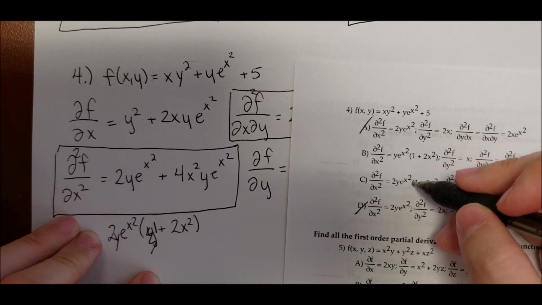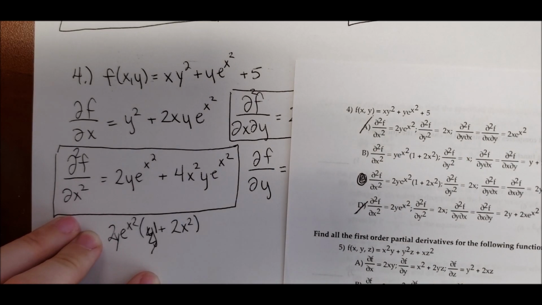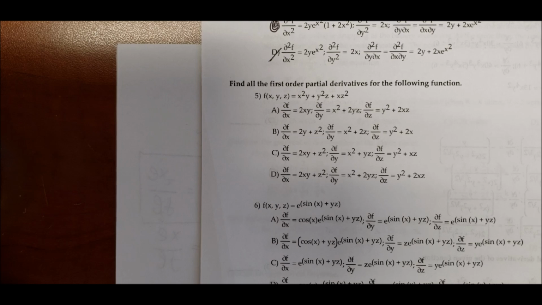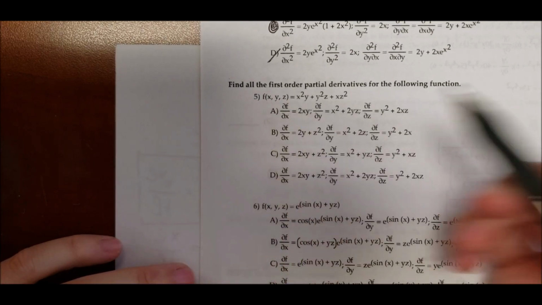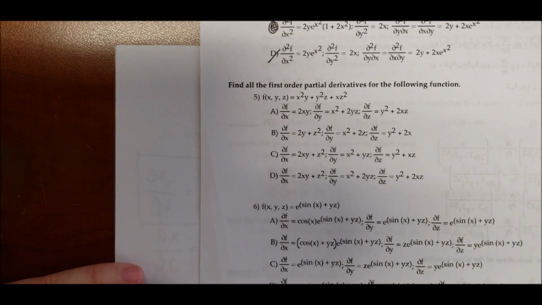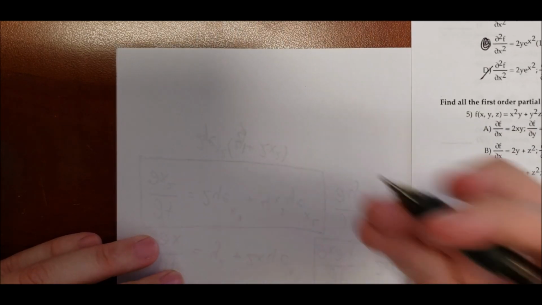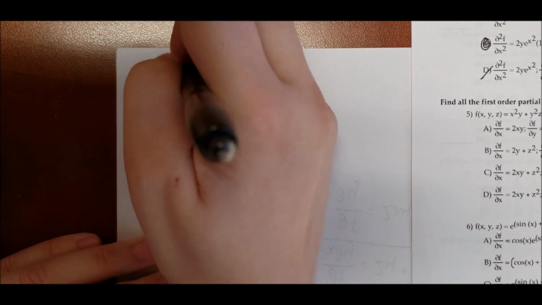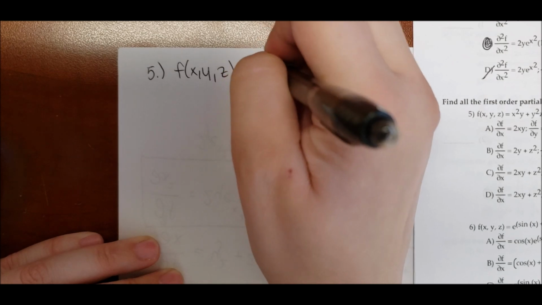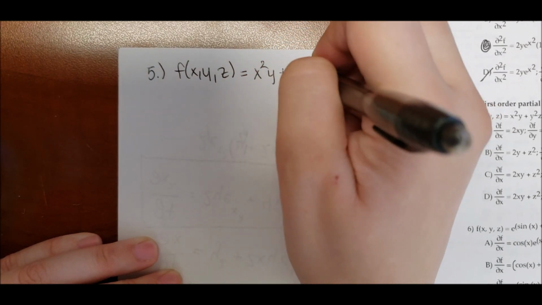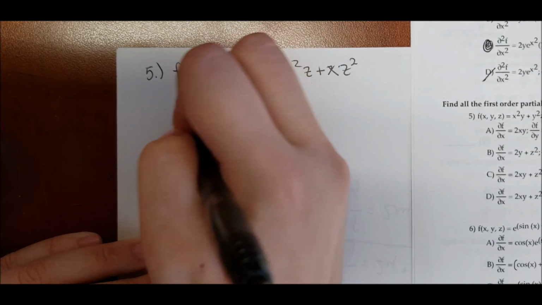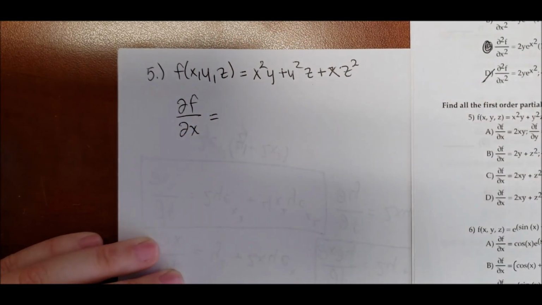So, let's see. And now 5, we have 3 variables. So we're going to find all 3 partials. It's just the first order.